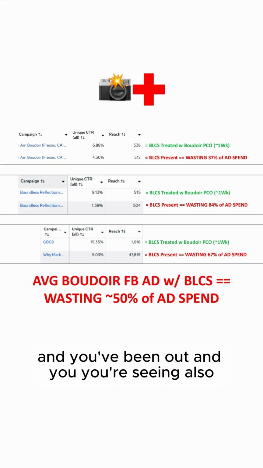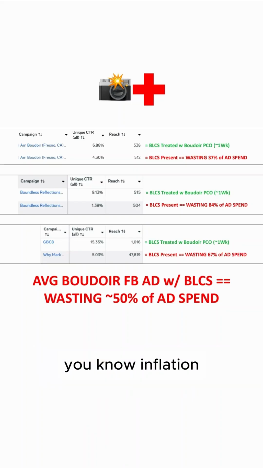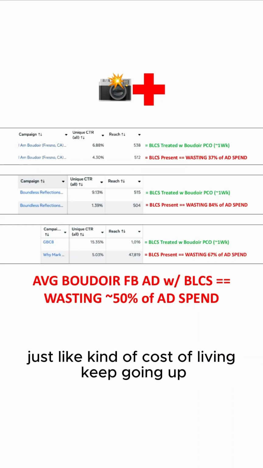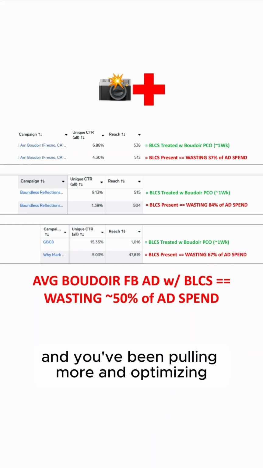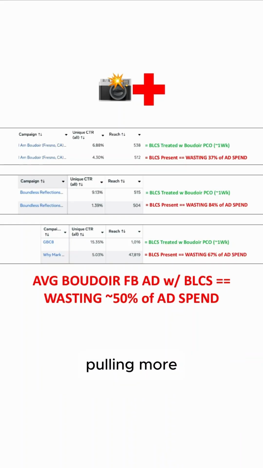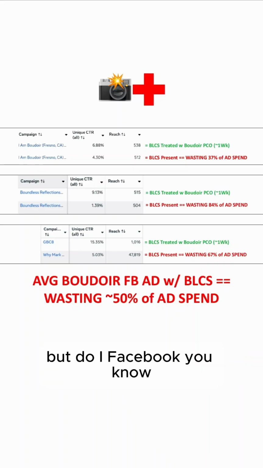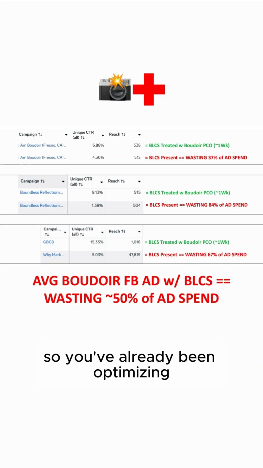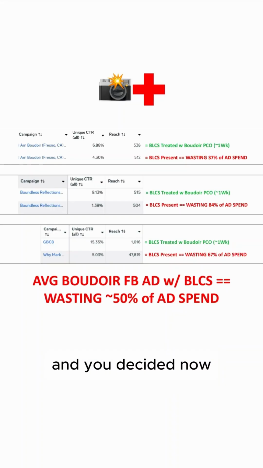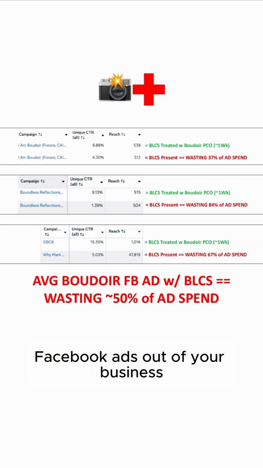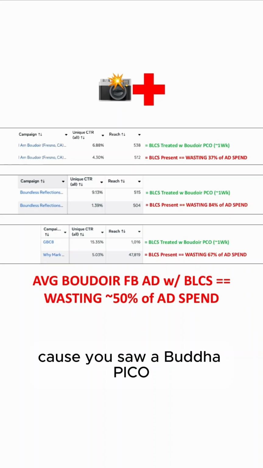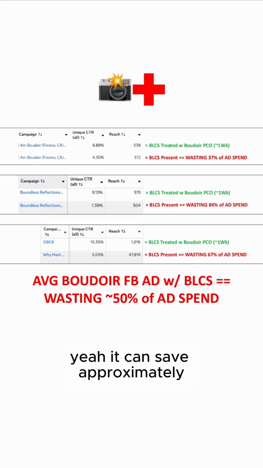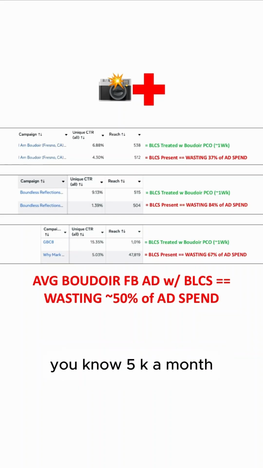And you're seeing also inflation, just like cost of living, keep going up, going up, going up. And you've been optimizing, pulling more profit out of your business in other areas already. You decide now you're finally ready to optimize the Boudoir Facebook ad side of your business because you saw with Boudoir Pico, yeah, it can save approximately 5K a month.